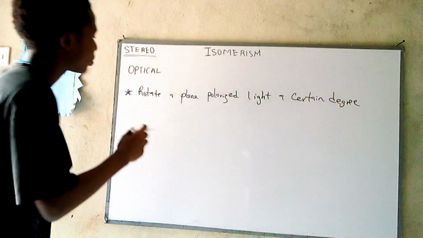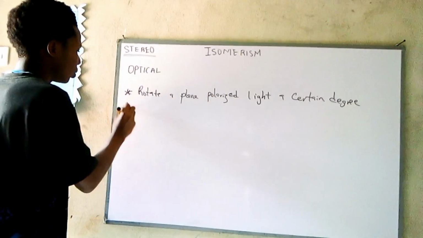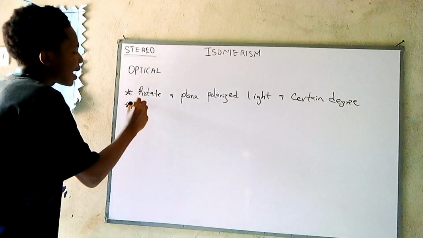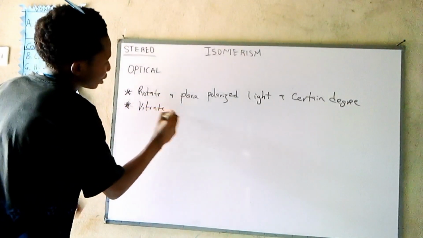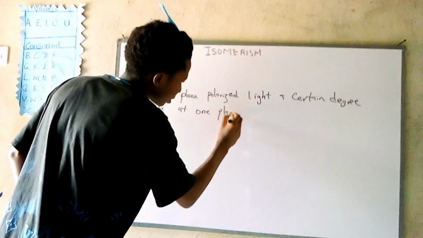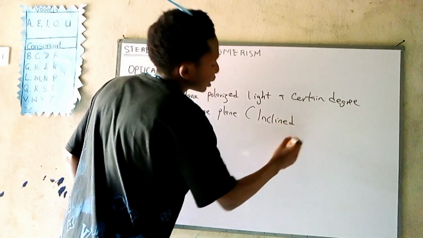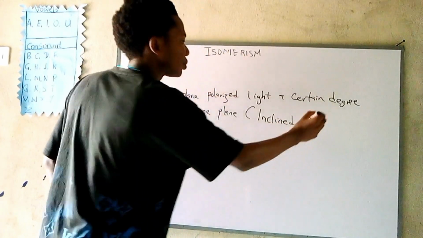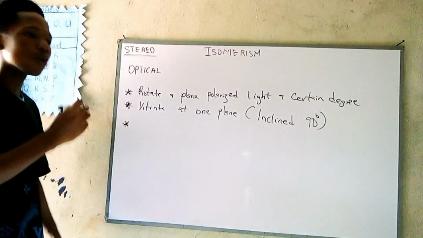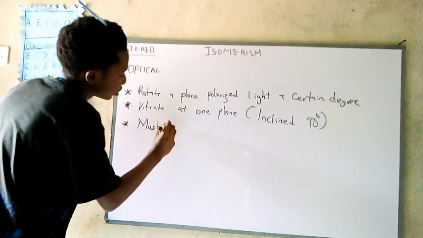If you must rotate plane polarized light a certain degree, that's the first one. Note it. Secondly, it must vibrate at one plane, inclined 90 degrees. This is the second point we should note. Thirdly, it must be asymmetrical.